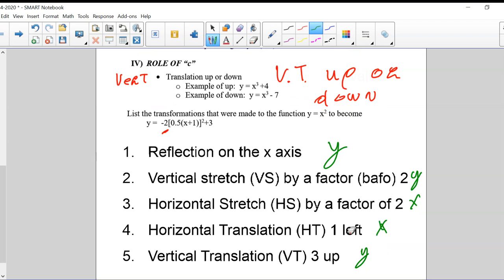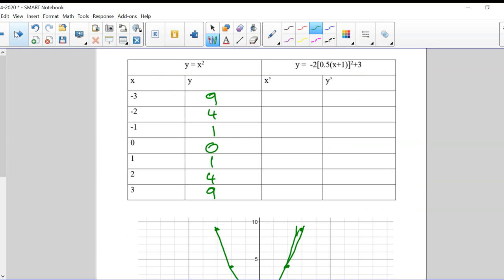That's what I'm going to do with each of my x's. I'm going to multiply them by 2, then I'm going to subtract 1. So let's do that to all the x's. The first x was minus 3. So minus 3 times 2 is minus 6. Minus 6 minus 1 is minus 7.